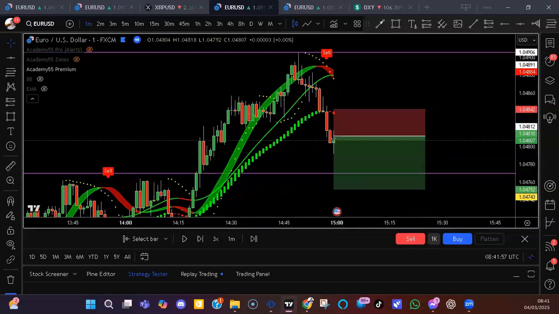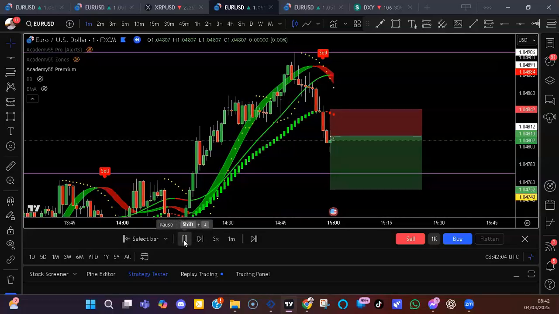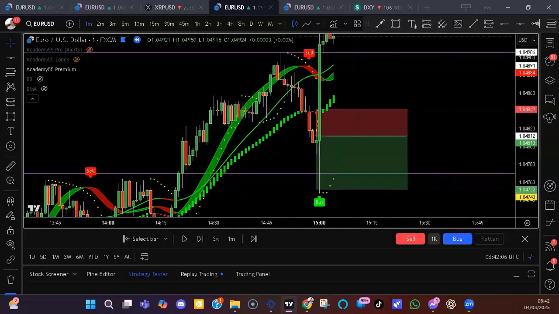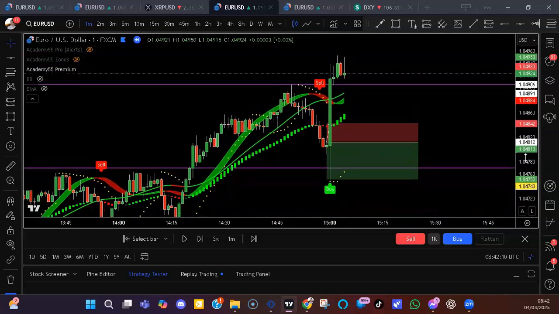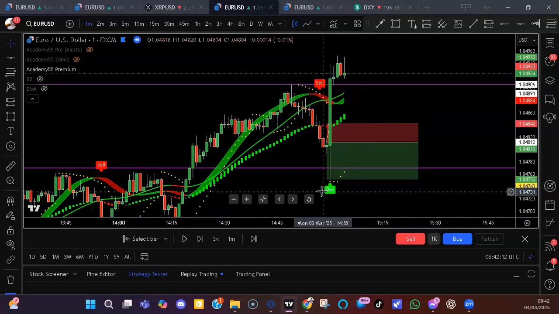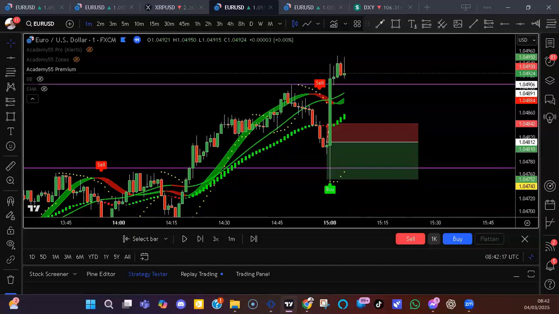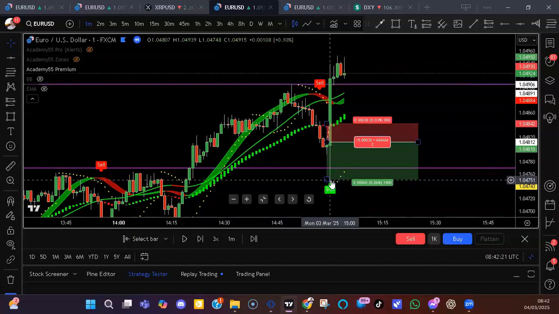Mind you, we're waiting for the trend line to go red. Oh my, well, right. 3 o'clock. We obviously had news. Let's go and see. We can see that news.